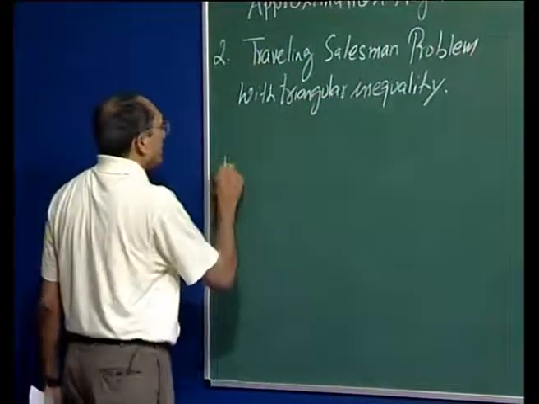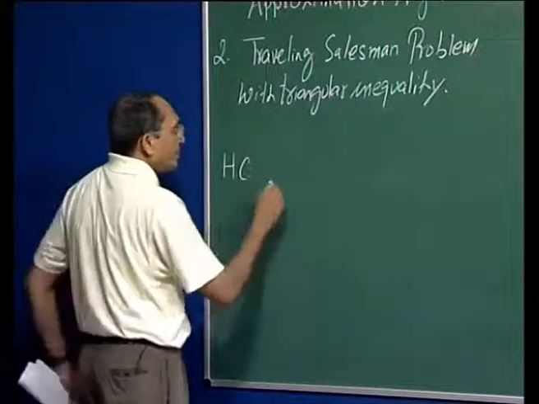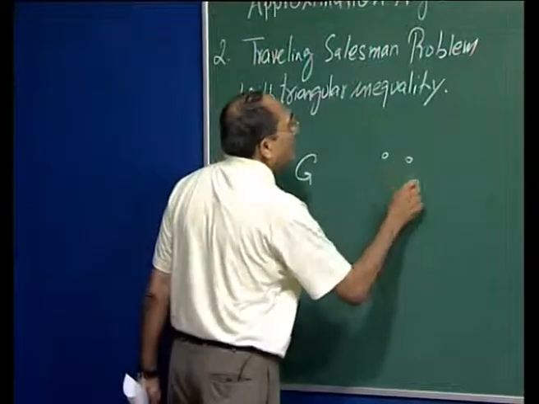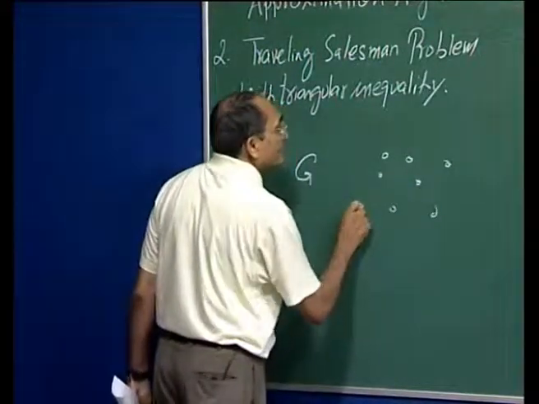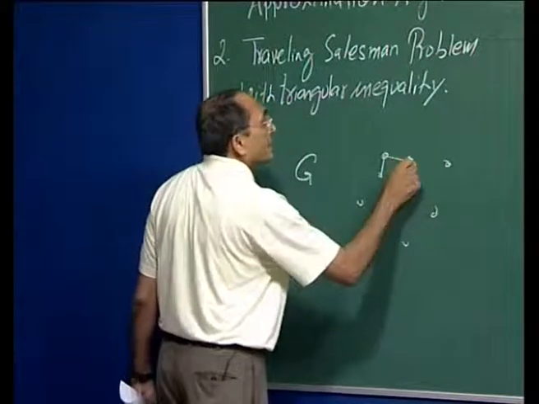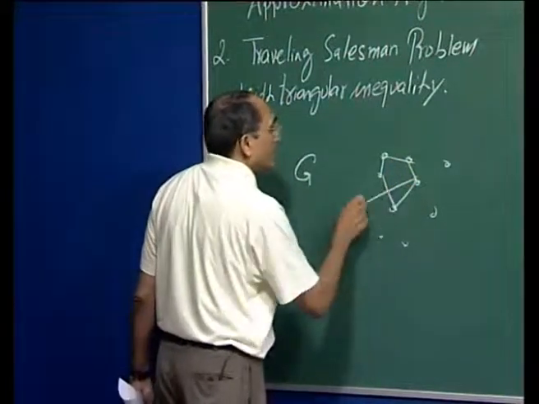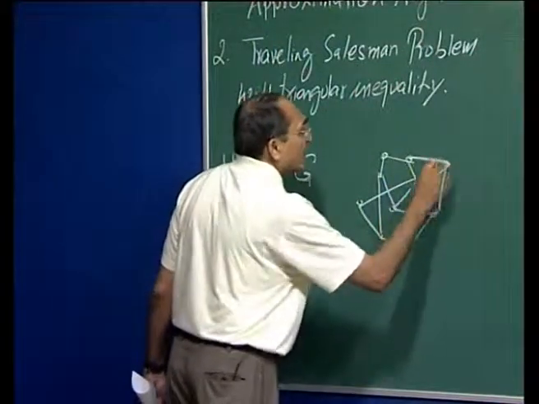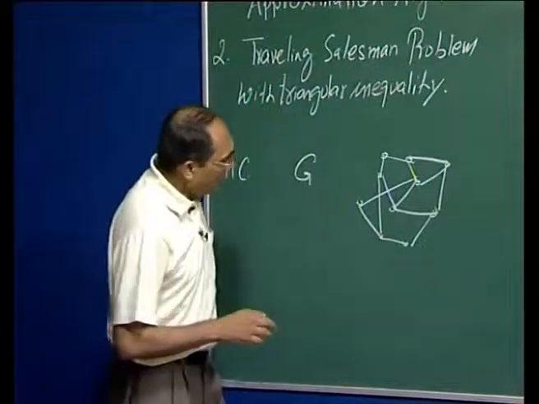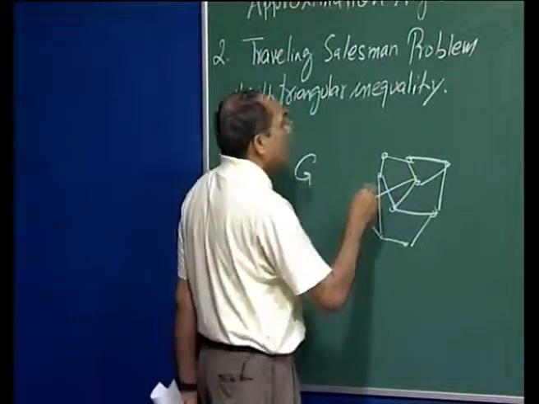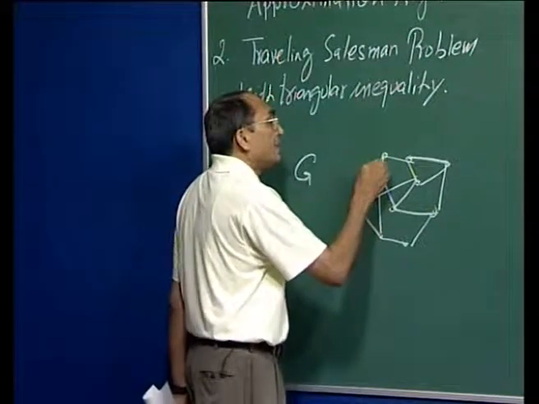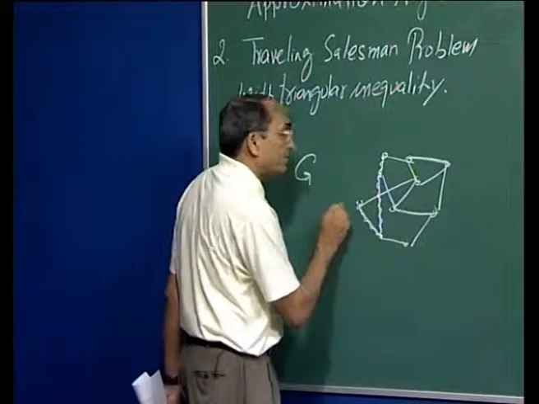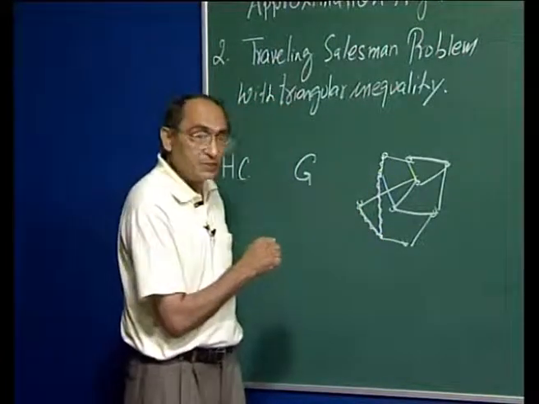In the Hamiltonian cycle problem, you are given a graph G and you would like to know if there exists a cycle. A cycle is a closed walk in which we do not repeat any vertex.